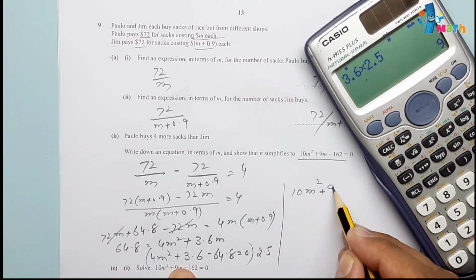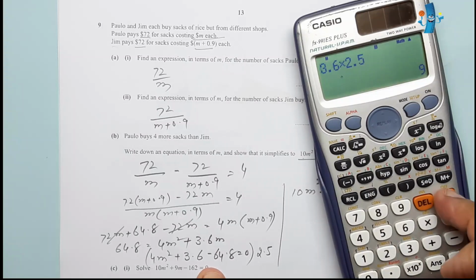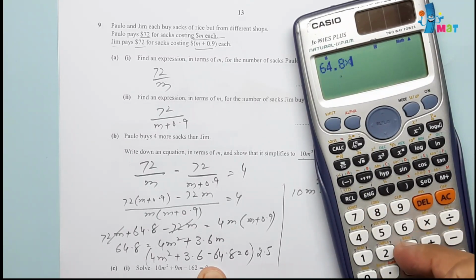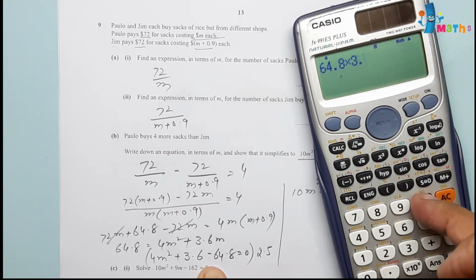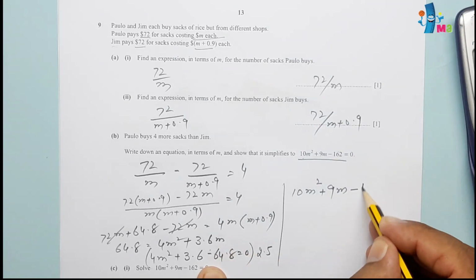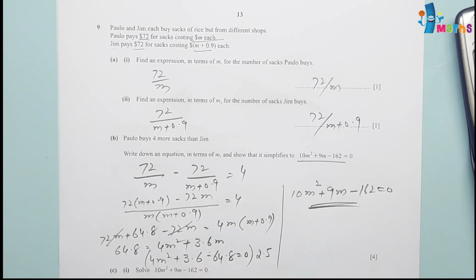So plus 9m and minus 64.8 multiplied by 2.5 will be equal to 162. So minus 162 is equal to 0, which is the required equation.